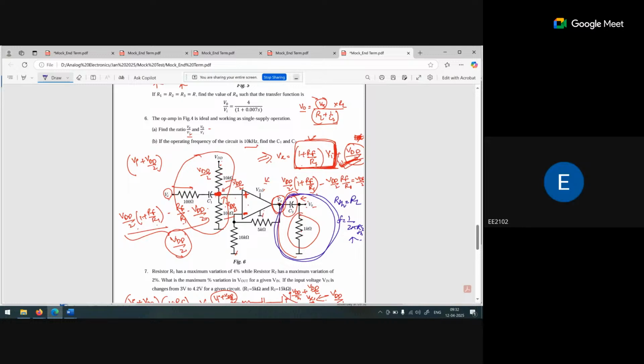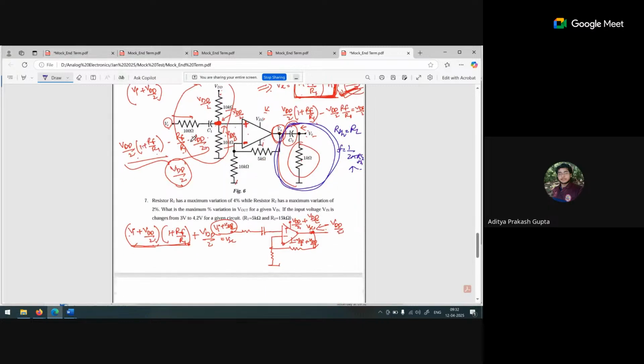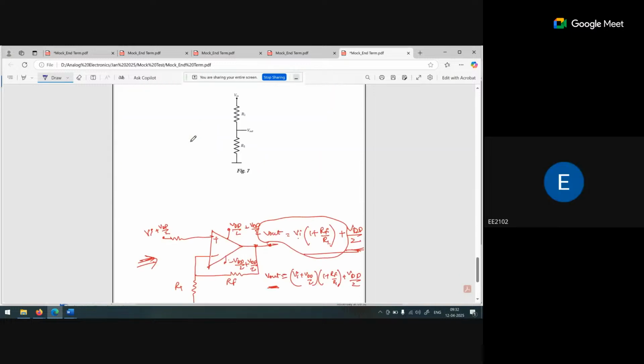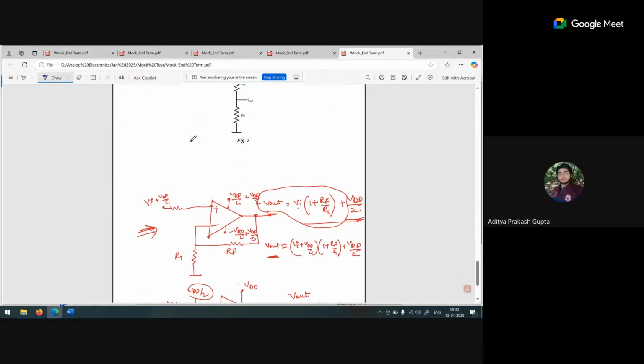Any other doubts? Sir, I was figuring out Vx by Vi yesterday. I was getting this equation: 3 by 2 times VDD by 2 plus Vi is equal to Vx. So in this equation, we are not getting any exact value of Vx by Vi. In the previous case, V naught by Vi is simply coming 3 by 2.